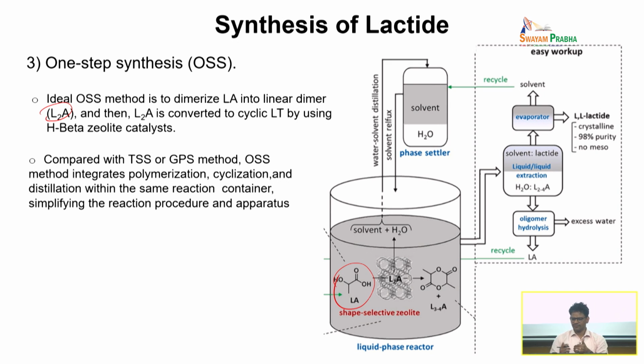You'll have some trimer and tetramer also. Once you have it, you have a system of separation. You do what is called liquid phase separation or extraction, remove the solvent and reuse the solvent, and then you have another method in which you separate the unreacted lactic acid.